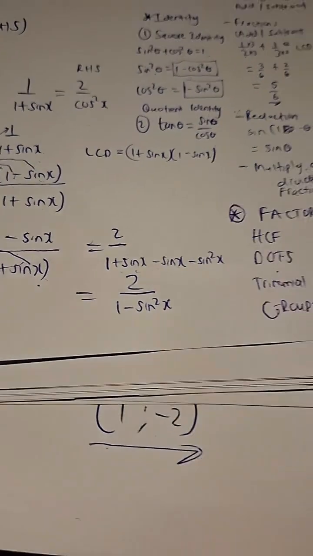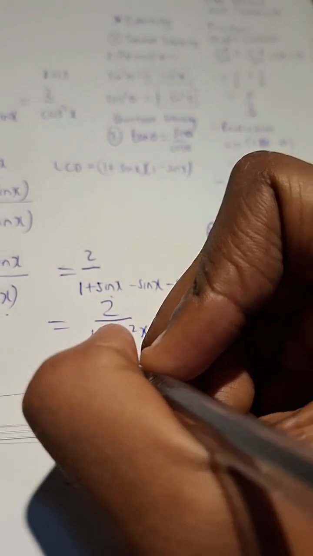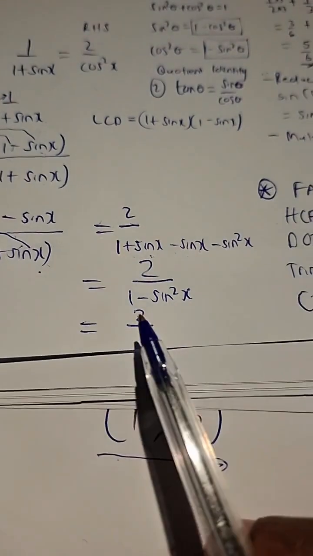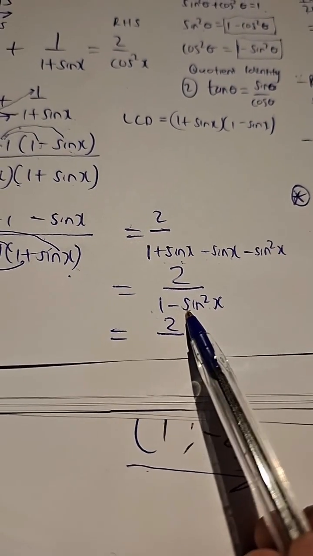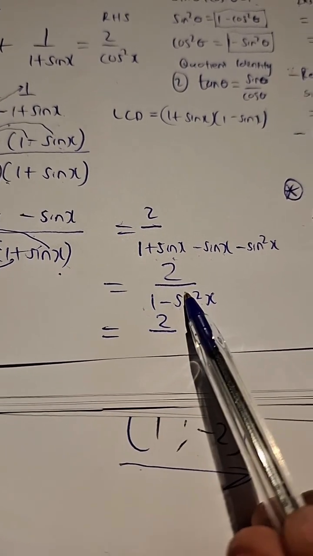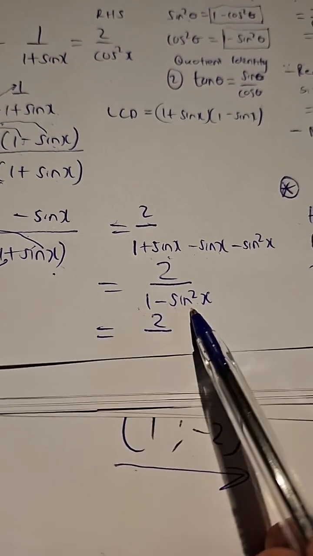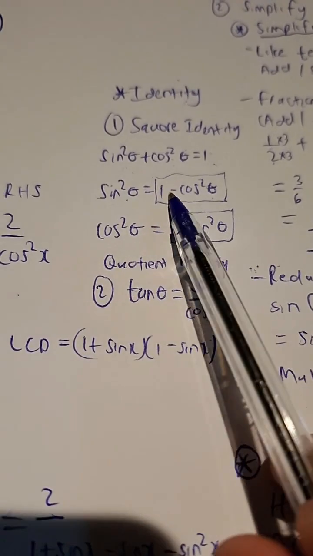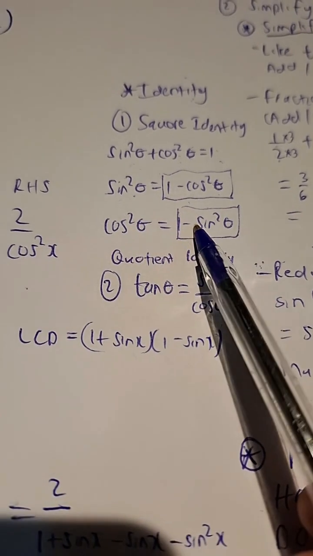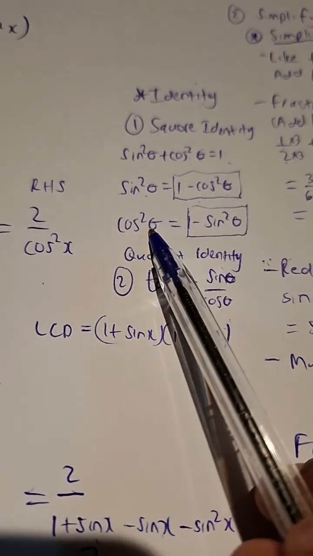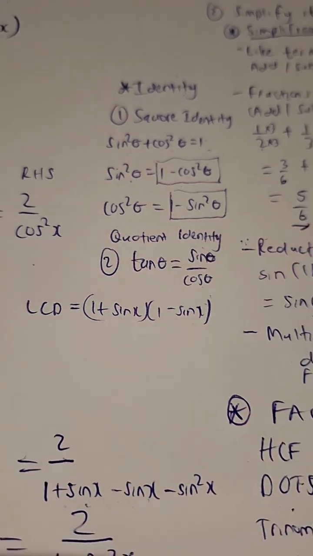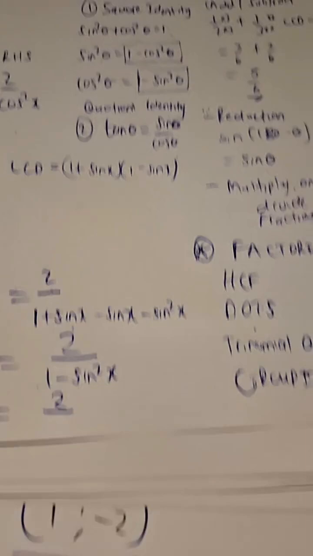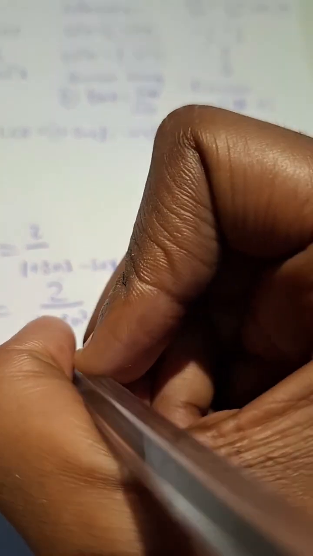And then finally, 2 over. This here is an identity. 1 minus sine squared x. So that means you go to your identities. Remember, what is the single term that 1 minus sine squared x is actually referred to? It is equal to the identity cos squared x.